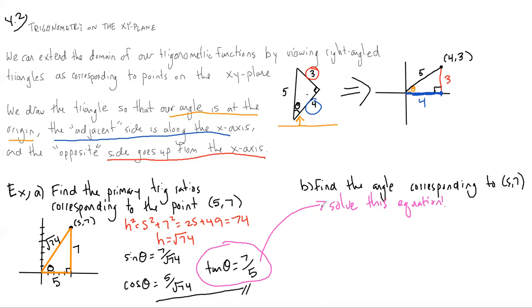If tan theta is 7 over 5, remember we use those inverses to undo this. So theta is going to be the inverse tan of 7 over 5. I didn't specify units here, so you're okay using degrees if you like, as long as you indicate. I'm going to get inverse tan of 7 divided by 5, about 54.5 degrees.